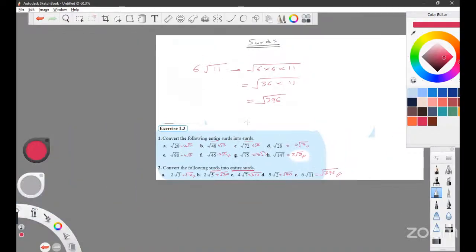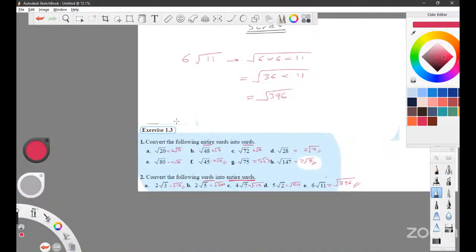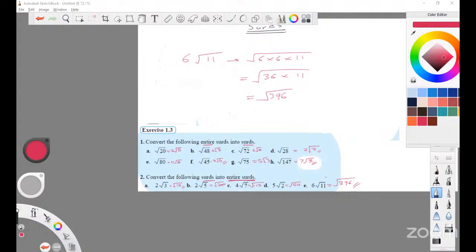Okay. So this is exercise 1.3 and we have question number 3. Yes, question numbers 4, 5, 6 are for your homework. I'll send it to the chat.